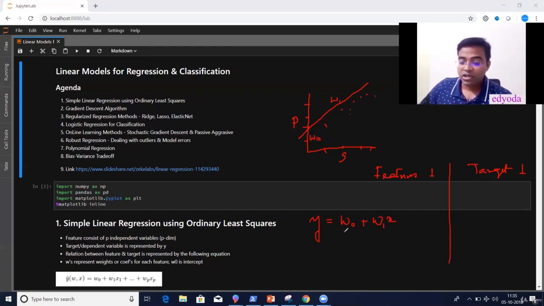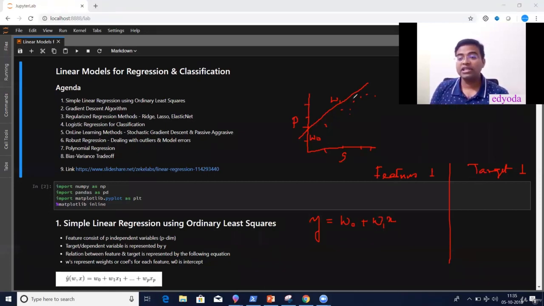So this is the line. All we need to find is the best line which represents the relationship between square footage and price. That's the objective here. Now we need to define what the best line is. We'll come to that.